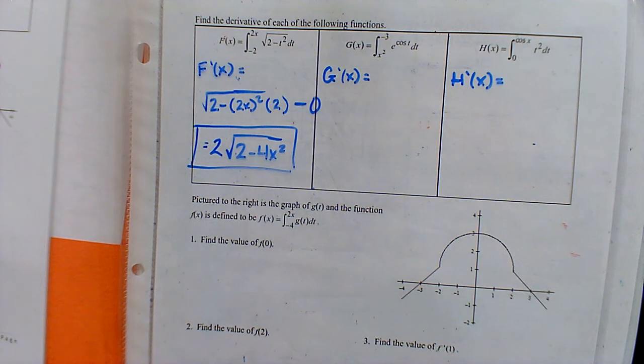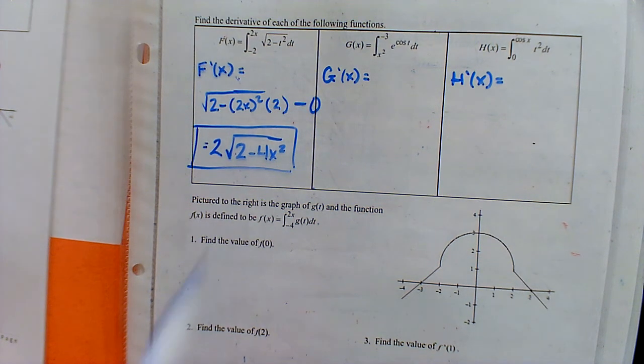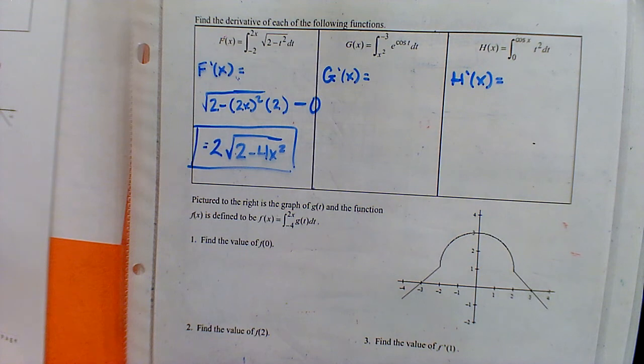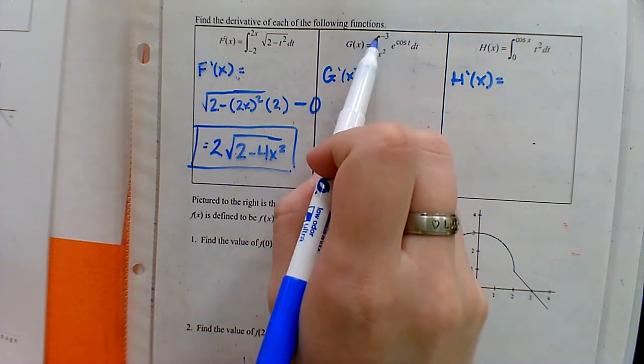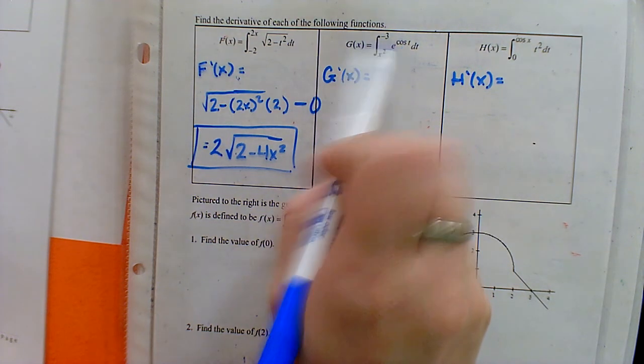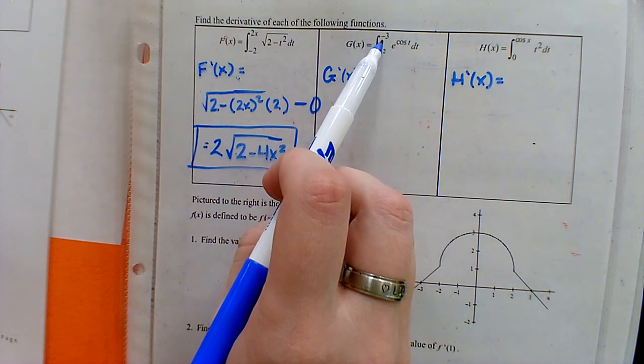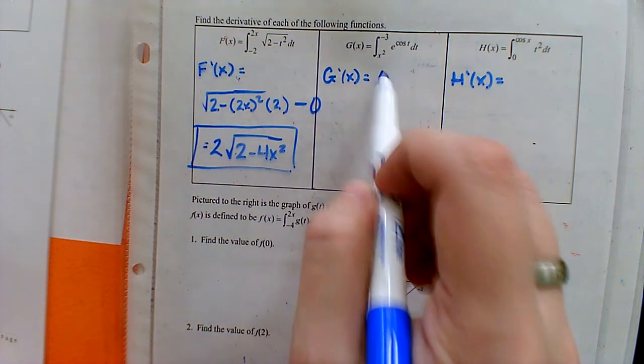How'd you do? Pretty good? All right, let's see maybe if we can get the next one in. The derivative of an integral cancels out, but we still got to check the bounds. If we plug in the top bound, we'll get something times the derivative of the top bound, which is just going to be what? 0.